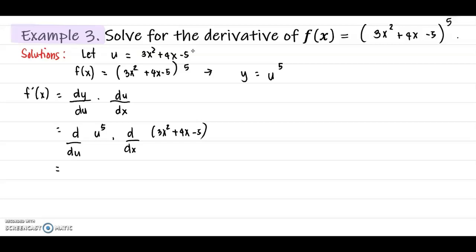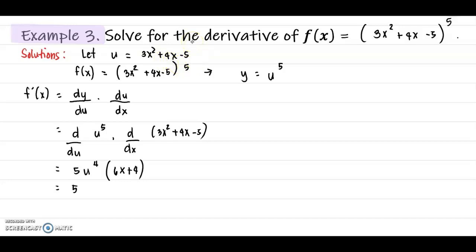Next, we find the derivative of u raised to 5, that is 5u raised to 4 times the derivative of 3x squared plus 4x minus 5. So that would be 6x plus 4. Next, substitute our predefined value of u, which is 3x squared plus 4x minus 5.